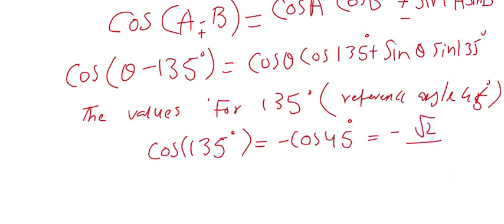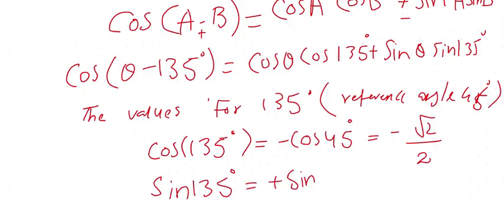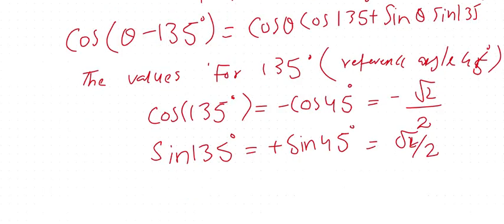And sine 135 degrees equals plus sine 45 degrees, which gives the positive value, square root of 2 by 2. So I'm going to substitute these values in this.